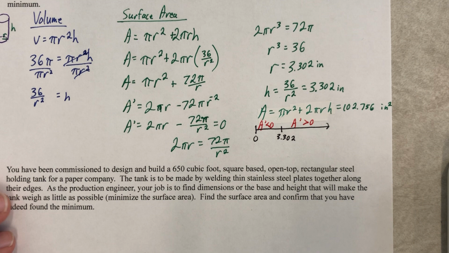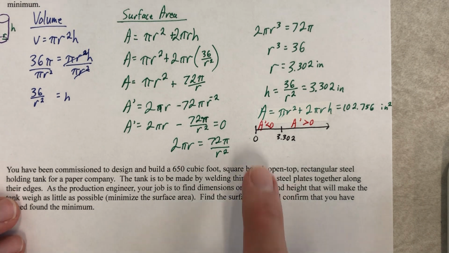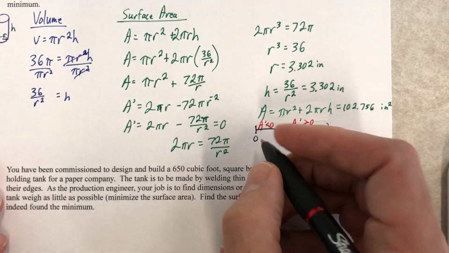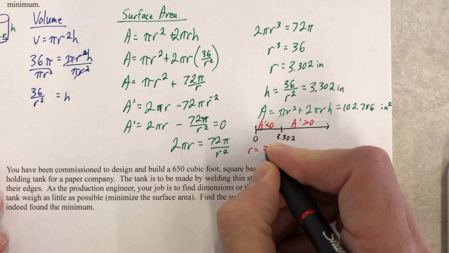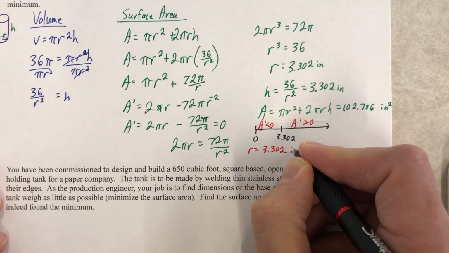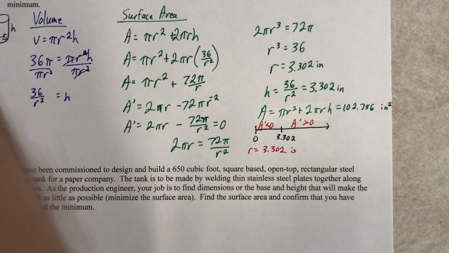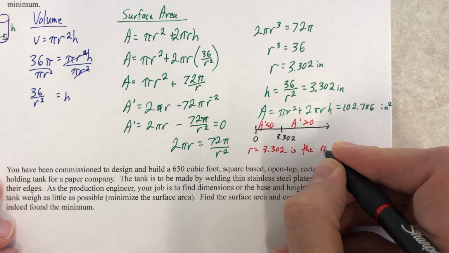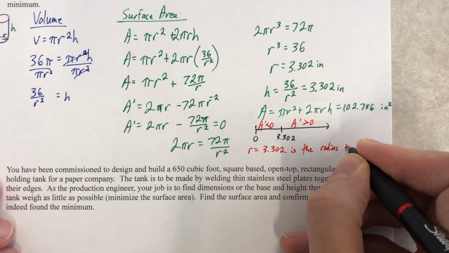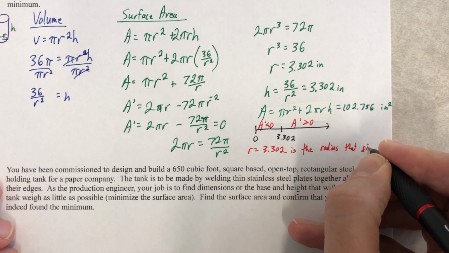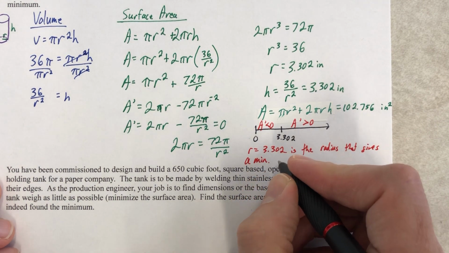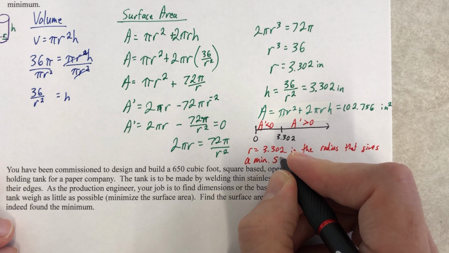So confirm that you found the minimum. We found the minimum. Here's the proof, but not really proof. Let's write it in words. R equals 3.302 is the, let's make it clear, radius that gives a minimum surface area.